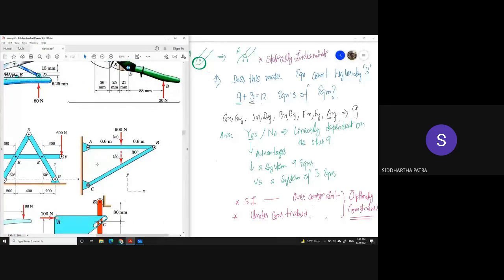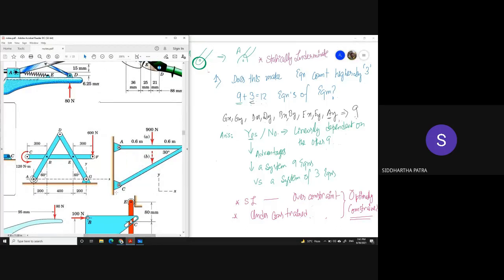So why, in some cases, is having 3 support reactions optimally constrained, and in other cases having 4 support reactions is optimally constrained?